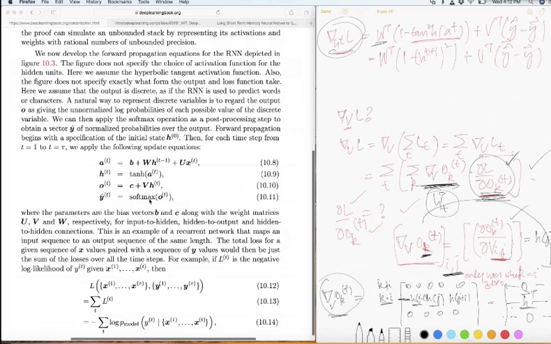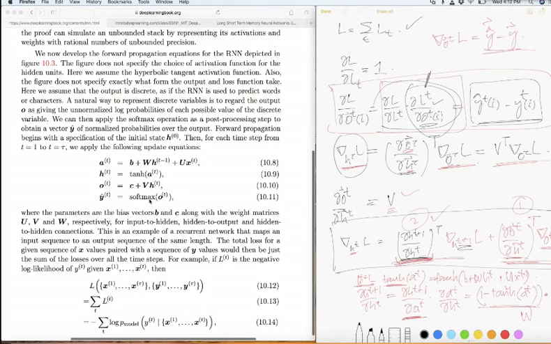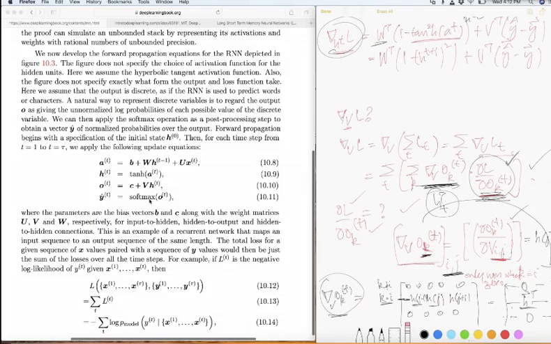We had to write over here delta HT plus 1L. So we had this term, gradient of L with respect to HT is this matrix multiplied by the gradient of L with respect to HT plus 1.